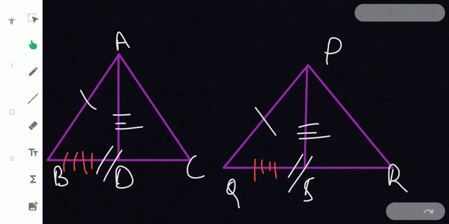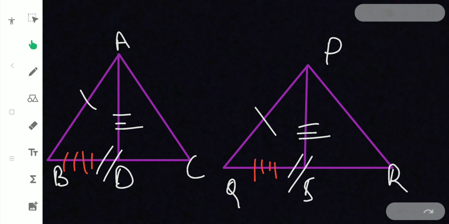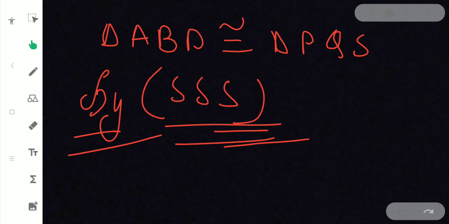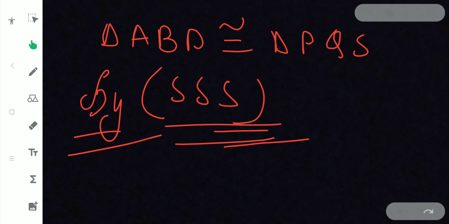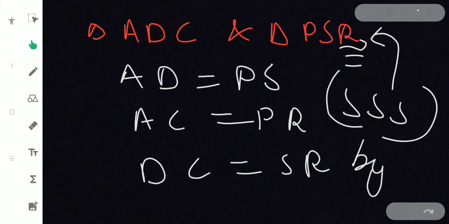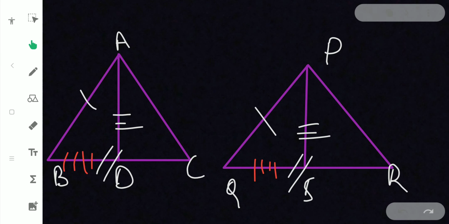Now let us see how we can prove the whole triangle is equal. Just carefully observe the diagram. We are having here BC is equal to BD plus DC.